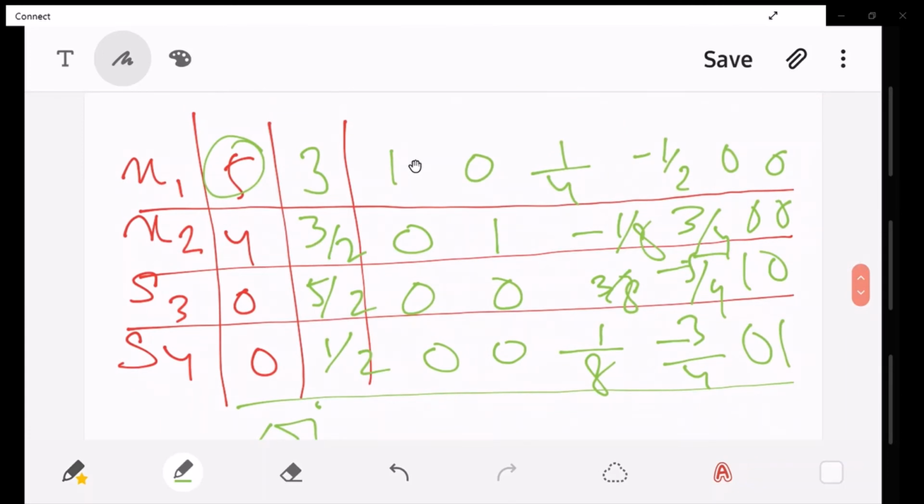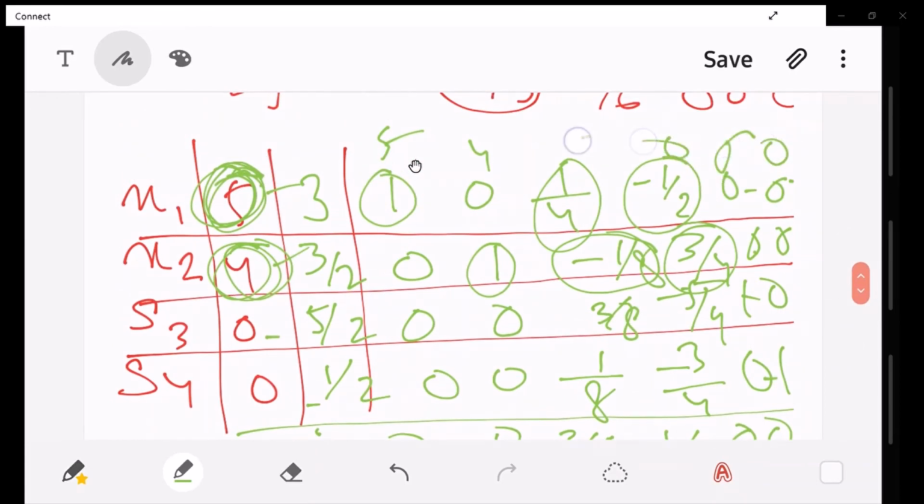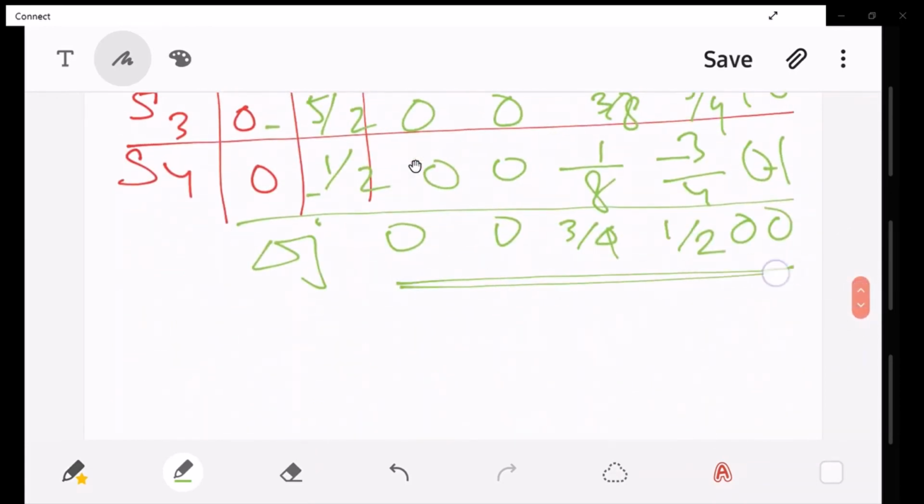And del z we shall multiply 5 minus 5 is 0, then 4 minus 4 is 0, then 5 by 4 minus half is 3 by 4, then minus 5 by 2 plus 3 gives me half, and then both are zeros, because when these two are multiplied with zeros and then subtracting with zeros, we shall get this as the del z value.